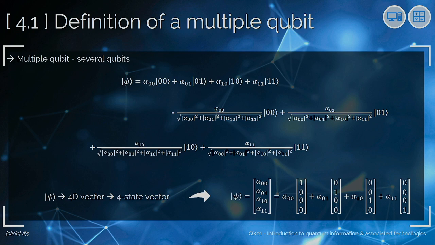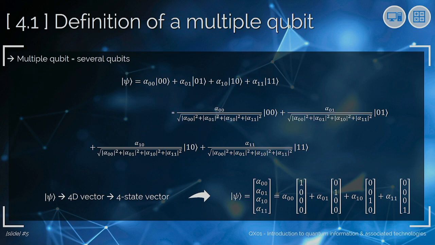So as said before, using 2 qubits, we went from a 2D vector to now a 4D vector. Okay, and so as a reminder, we can write this vector in a normalized notation: (1, 0, 0, 0), (0, 1, 0, 0), (0, 0, 1, 0), and (0, 0, 0, 1). The equivalent of what we had before, where it was just (1, 0) and (0, 1). So that's for 2 qubits.